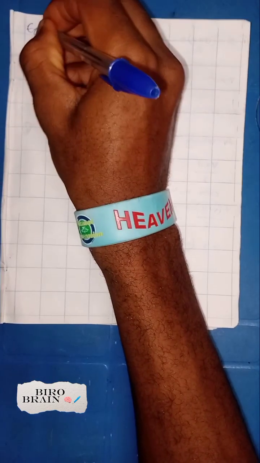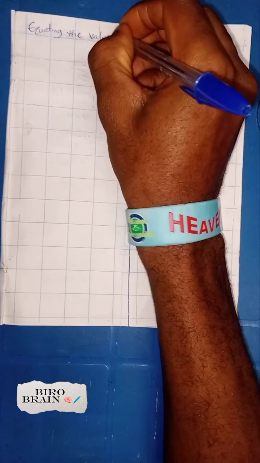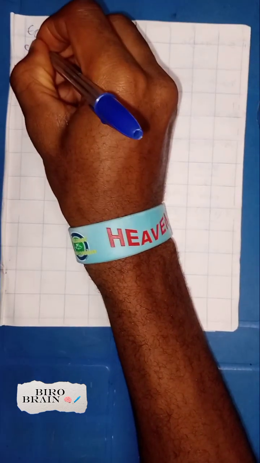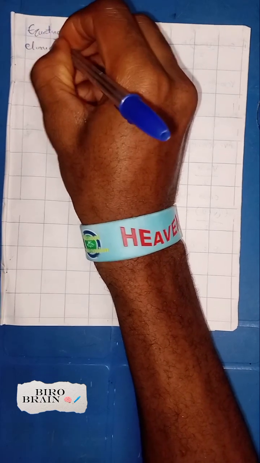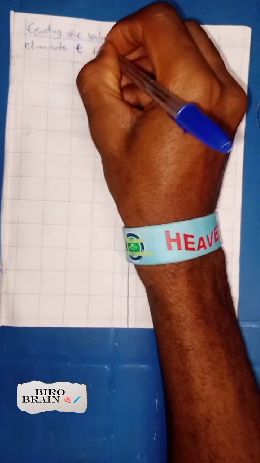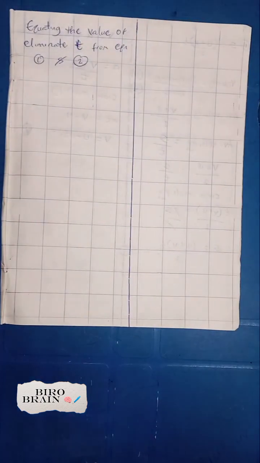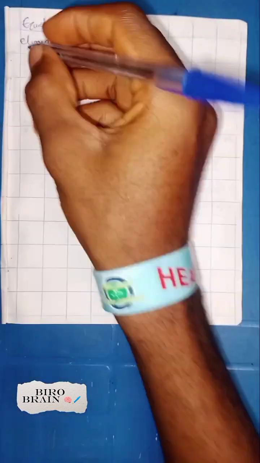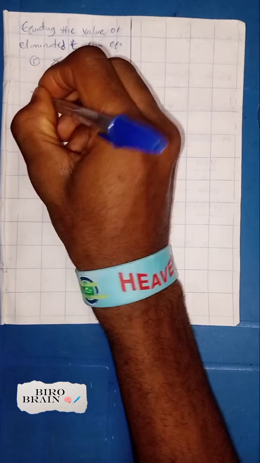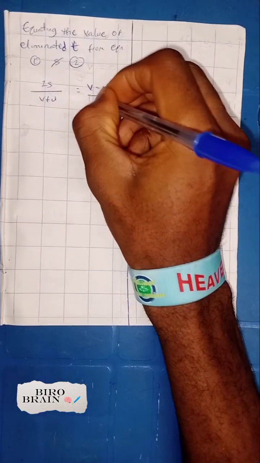So equating the value of the eliminated t from equation 1 and 2, we have 2s over v plus u is equal to v minus u over a.